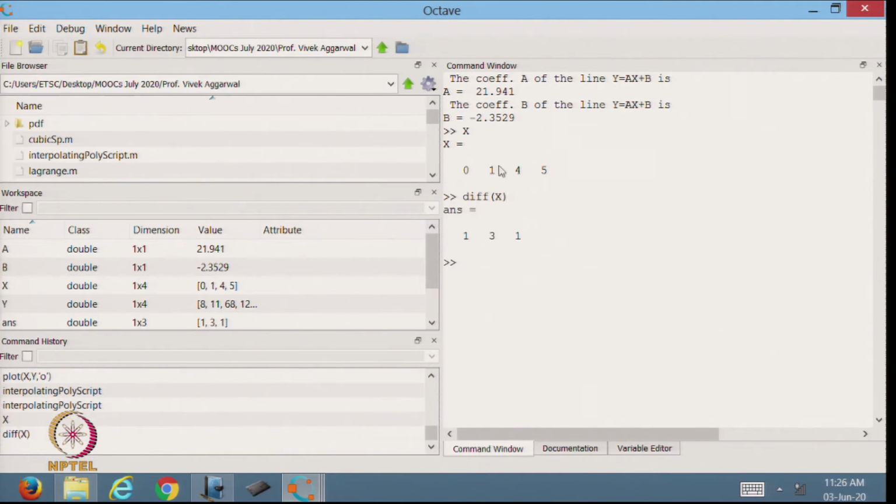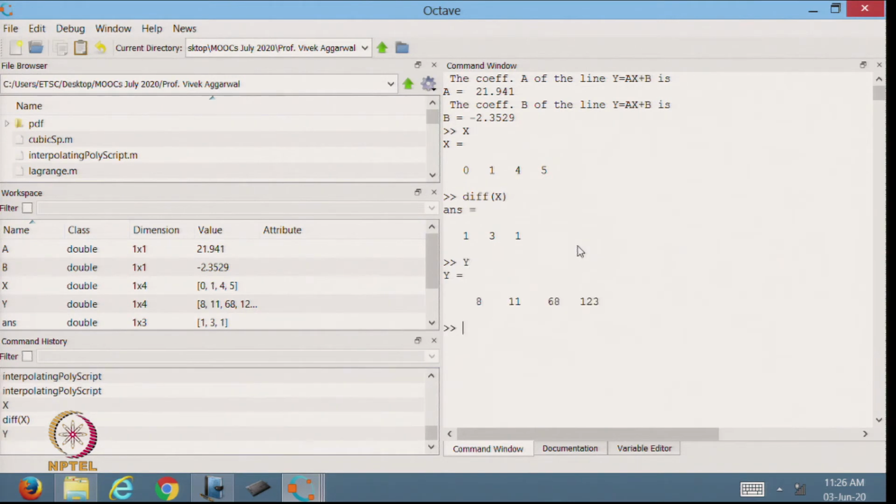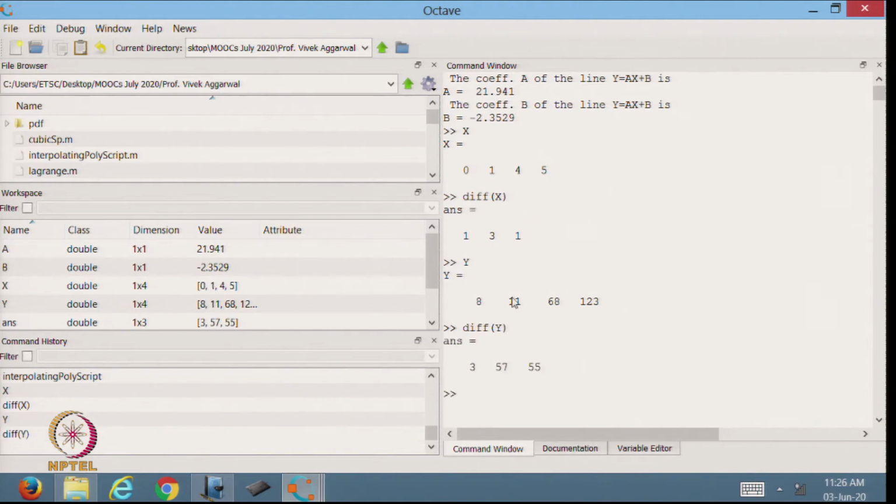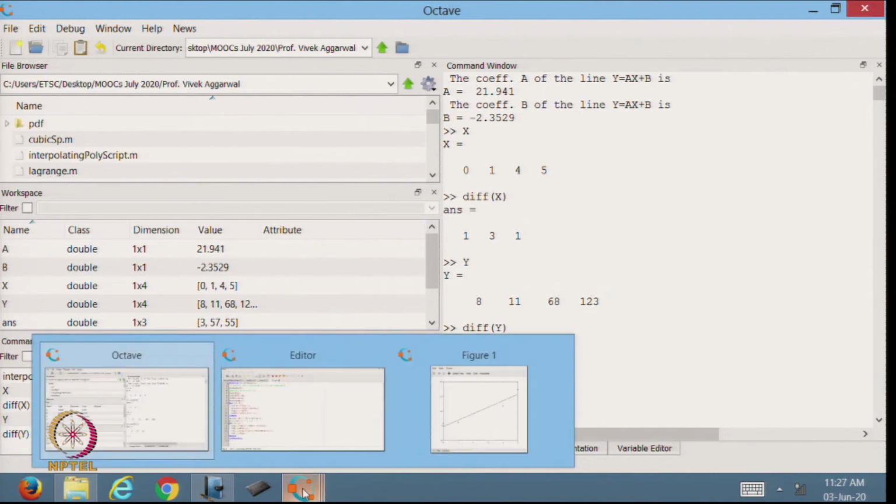Diff x gives you 1 minus 0 is 1, 4 minus 1 is 3, and 5 minus 4 is 1. Similarly, I can take y and define the difference of y. That gives you 8 minus 11 minus 8 is 3, and so on. This way we can define the difference.